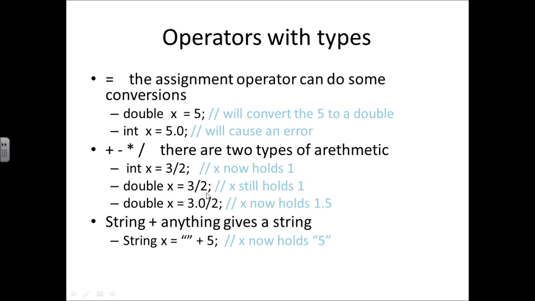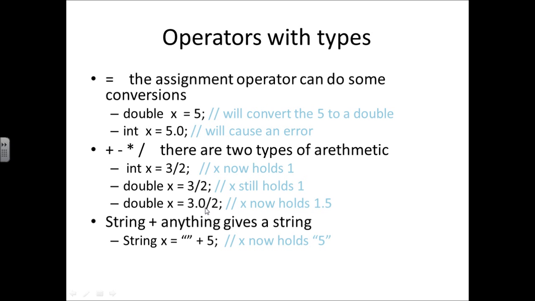So if I cast one of those values to a double, or if I just type in a double literal, then I get double arithmetic, which gives me the decimal value. So 3.0 divided by 2 is 1.5. Even though one of those values is an int, if either of them has a decimal point, it will not do integer division.